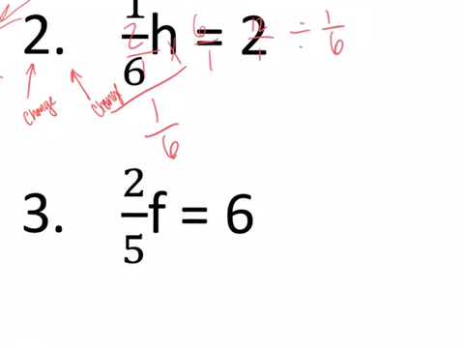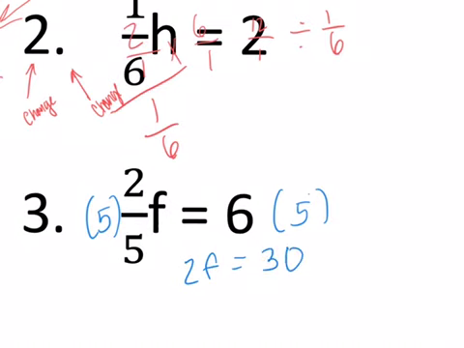Okay. Looking at number 3 here. I'm going to multiply both sides by the denominator. The denominator is the bottom number. And then I get 2f equals 6 times 5 is 30. Second step, I need to divide both sides by this coefficient, or the number in front of the variable.